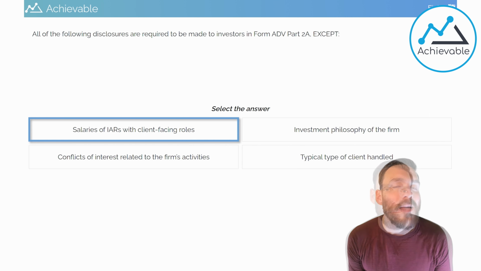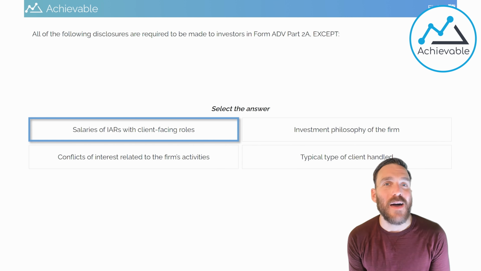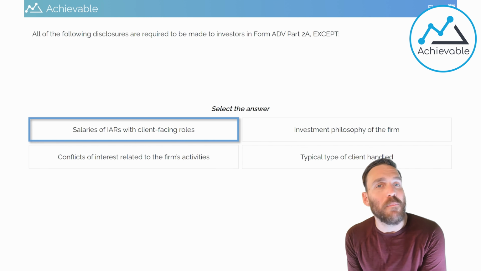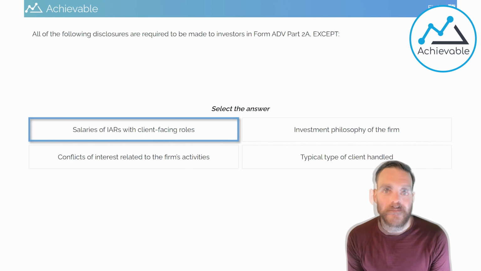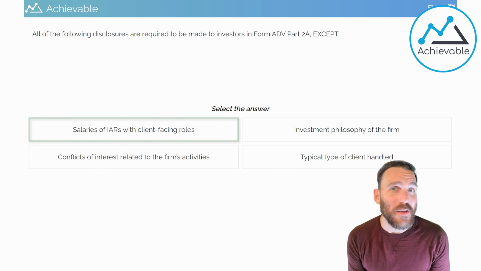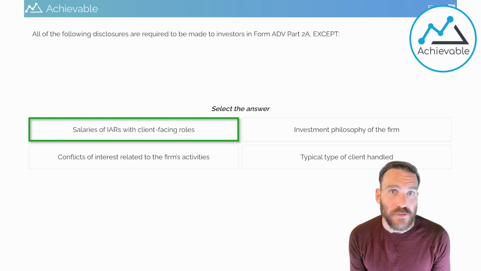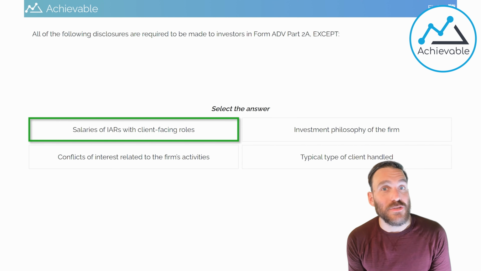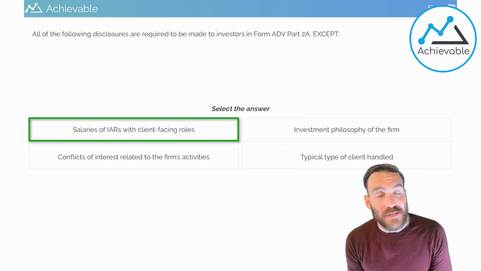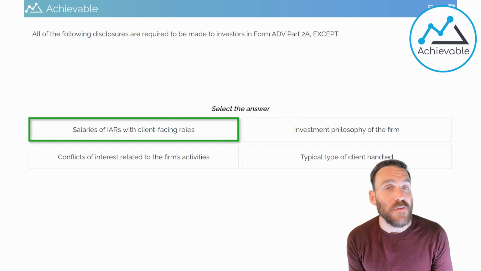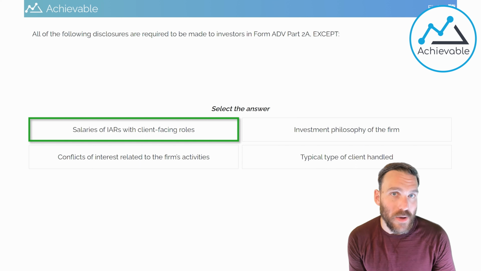They will know that, but clients will not know exactly how much the firm is sharing with investment advisor representatives or paying them for their employment. So with that being said, that is probably our right answer. The question is basically asking what is not in Form ADV Part 2A. Let's assume that's the case, but it's important for us to look at the other three answers just to make sure that we feel good about that one being the correct answer.